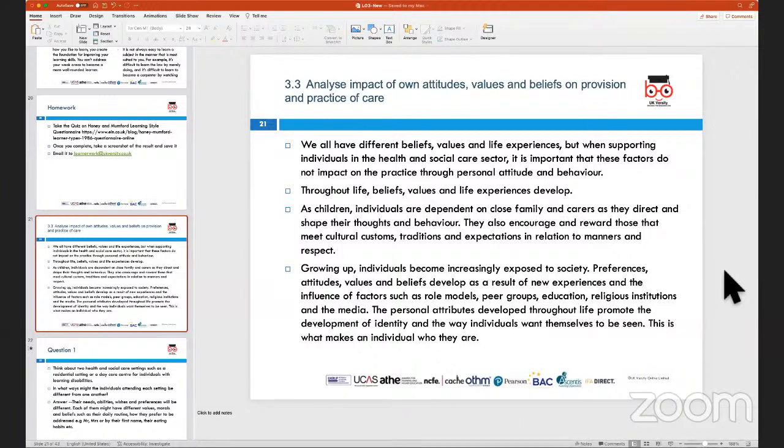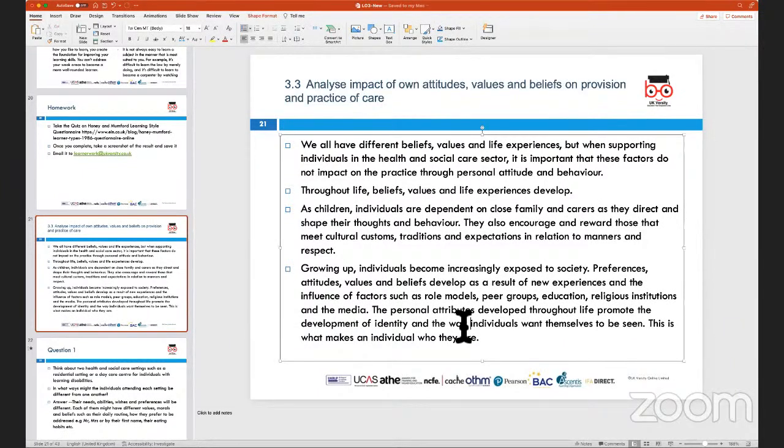Now, from the point of view of understanding values, attitude, and belief, they could be of 3-4 different types. I could bring something across to the institution where I am coming from a particular belief, or I'm influenced by, for example, my own experiences in life, and they inform how I would go about providing these services at the place of work.